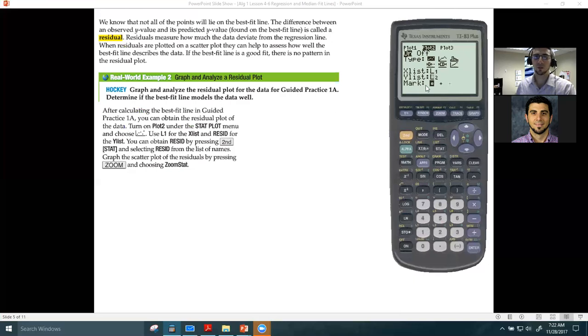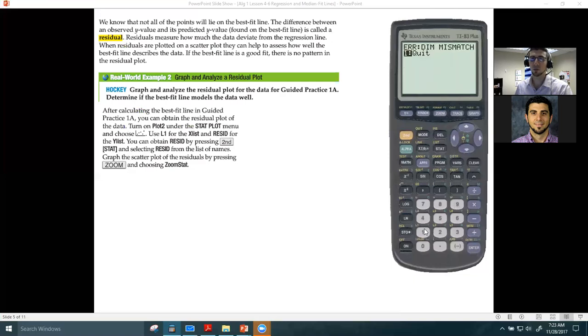And then I want to graph the residual for the Y, so I don't want to put list 2 in there. I'm trying to do a residual plot. So when you're in there, hit second stat, and then number 7 is residual. Keep the mark as a dot and then hit zoom. If you hit up, it puts you to the bottom of the list and you want number 9, which is zoom stat.